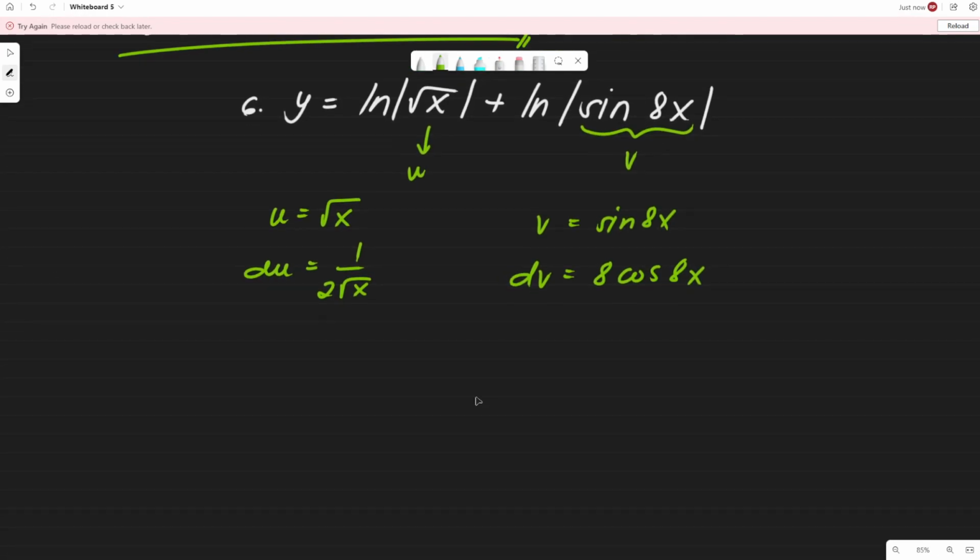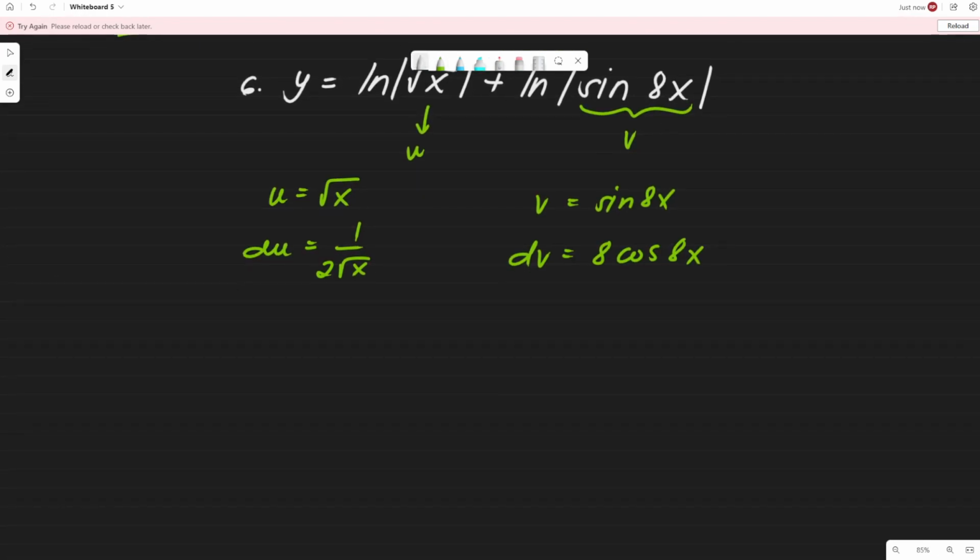Okay, so let's solve. So we have y. 'Di ba du over u, the derivative. 'Di ba y prime is equal to du over u. So 2 times lang natin gagawin kasi 'di ba operated siya by addition. So we'll have 1 over 2 square root of x over square root of x, 'di ba?